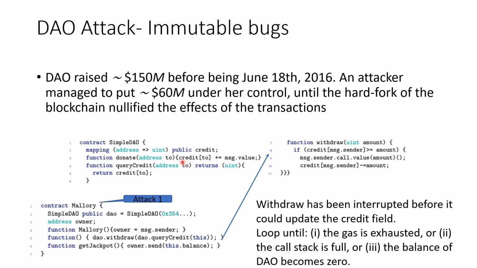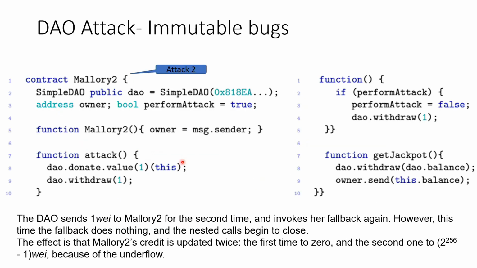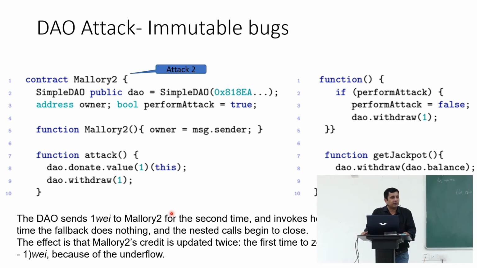Otherwise, it is contributed by a number of users, not only by the attacker. So the total amount is stored in this DAO. In this case, what happened? The attacker can call back that withdraw function. So how much can the attacker withdraw? Maximum 1 ether, not more than that.